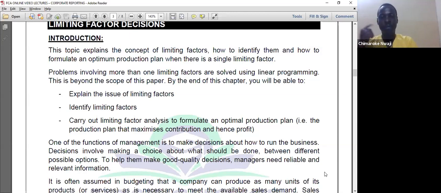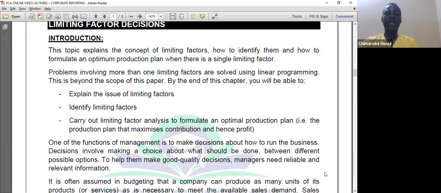So decisions involving a choice about what should be done between different possible options abound. And so for a manager to make good quality decisions, they need to get relevant and reliable information that they can base these decisions on.